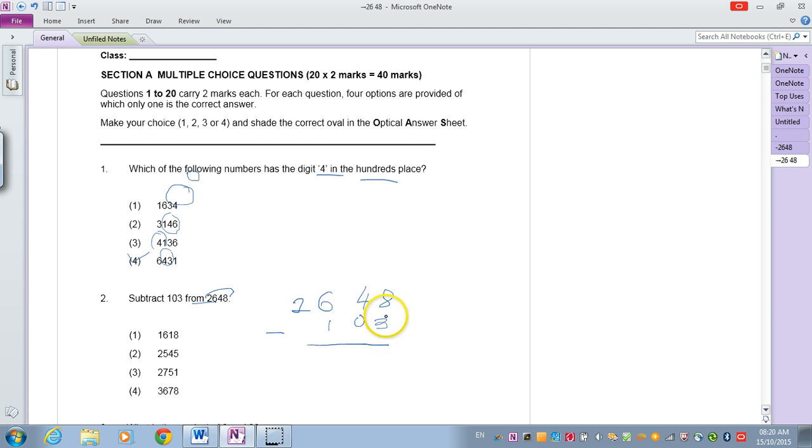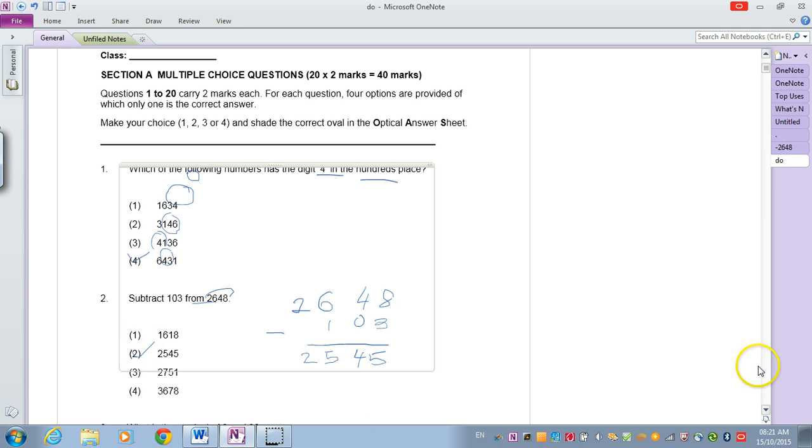So 8 ones minus 3 ones, we have 5 ones. 4 tens minus 0 tens, we are left with 4 tens. And 6 hundreds minus 100, that gives us 500. 2000 minus 0, so we are left with 2000. So the answer should be option 2.